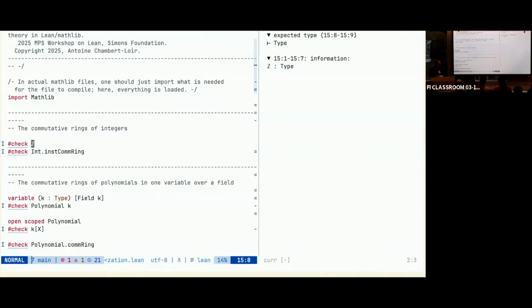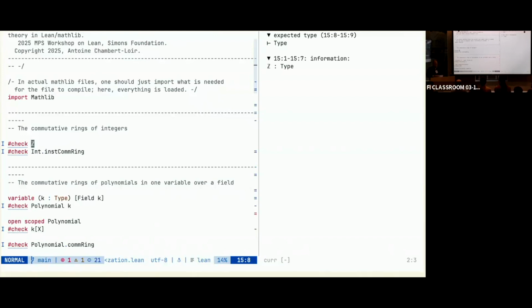But of course, we know that 0 can be viewed as a natural number or an integer or a rational number. And so there are maps between those. But when you see that Z is a type, we don't see that it is a ring. It's a type, and everything is a type.